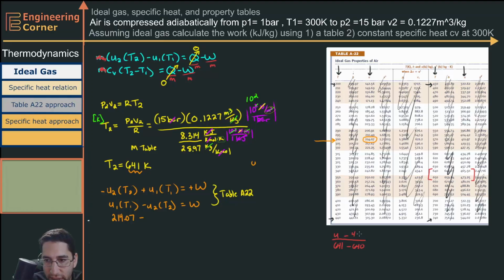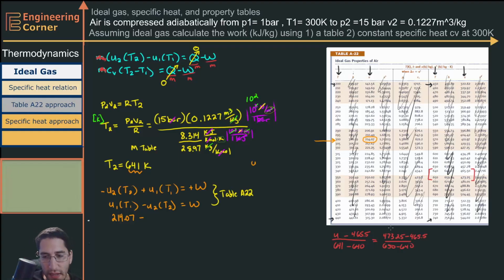Our internal energy at 640 is 465.5. Now this is equal to the entire range, so 650 minus 640 divided by the entire range, so 473.25 minus 465.5.